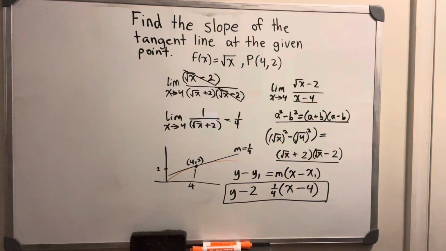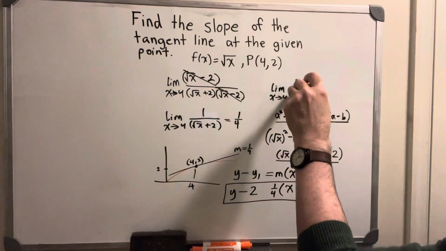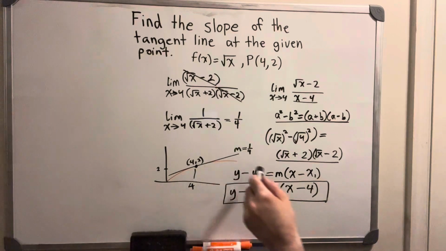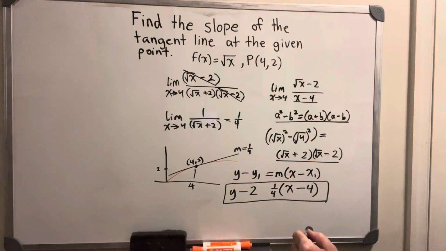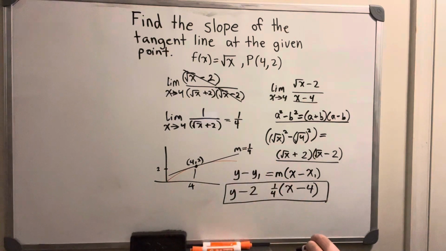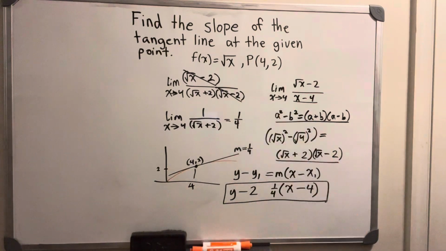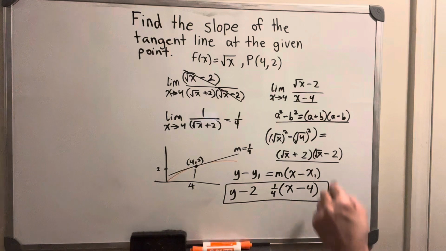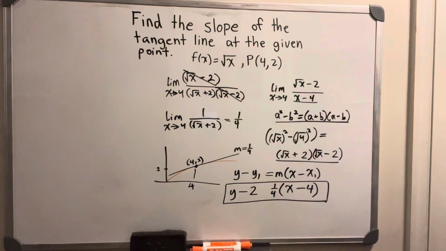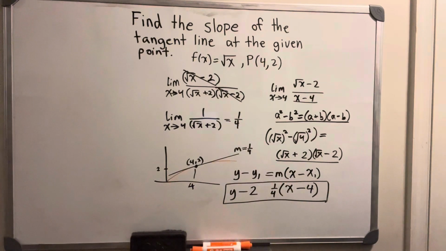Then we found a point x, square root of x, and we computed the slope of the secant line, the limit as the second point got closer and closer to the first point, and we used a difference of squares identity to factor the denominator so that we could figure out the slope at the point, and then we used the point slope equation of the line.